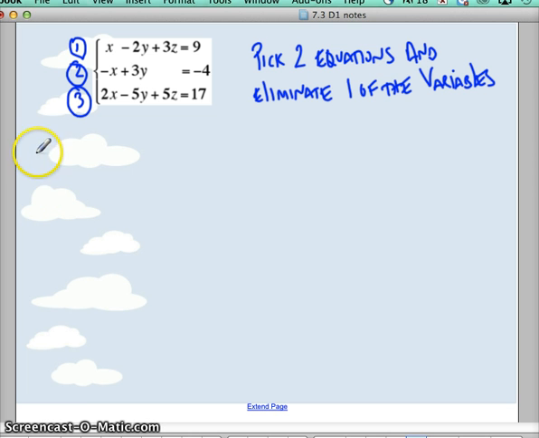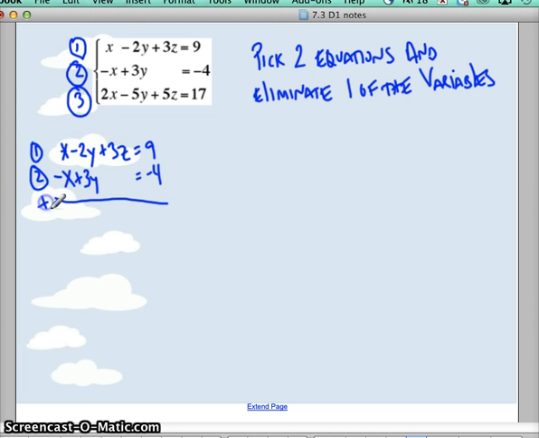So if I take my equation 1 and my equation 2, I've got x minus 2y plus 3z equals 9, and I've got negative x plus 3y equals negative 4. And if I add them up, and again, you can only add when you have opposites, and I already have opposites, the x's go away.